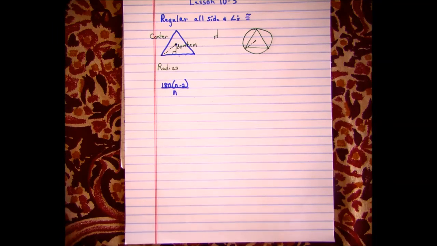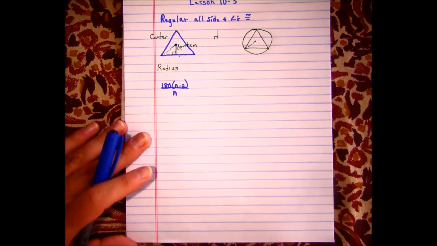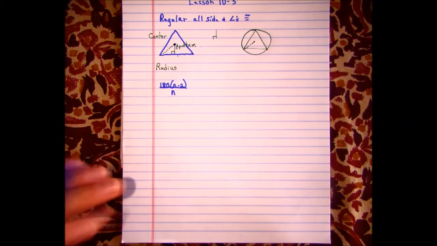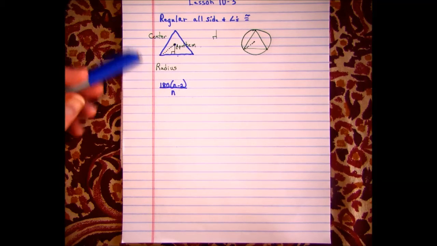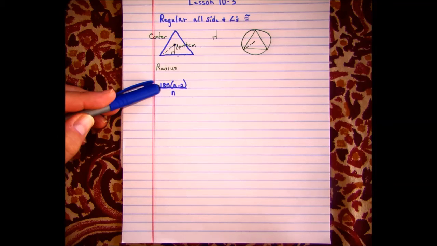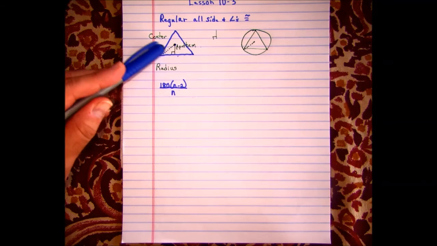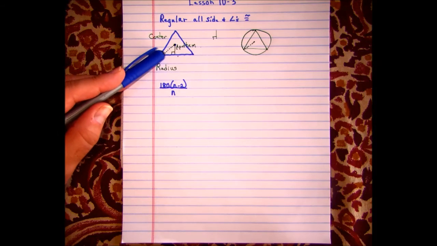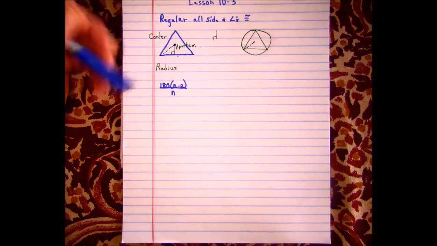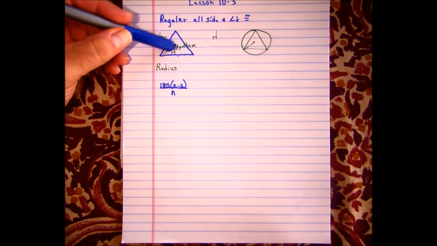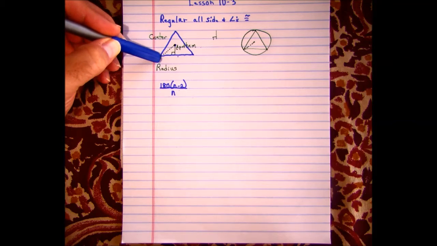All right, so let's go back and review some of the material we're going to need to be successful in finding angle measurements in a regular shape. One of them is this formula, 180 times n minus 2 divided by n. This will give us our angle inside of a regular figure. Now, why is that important? Well, if you notice, the apothem makes a right angle, and this radius would complete a right triangle.